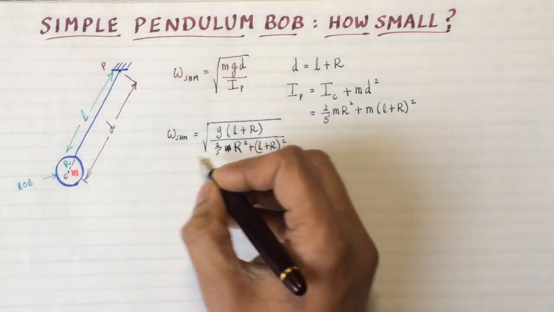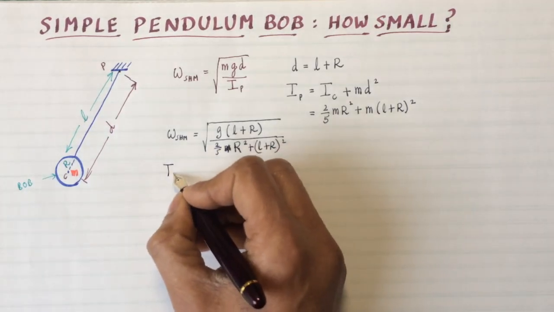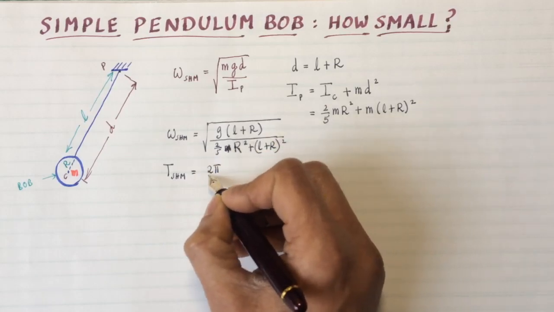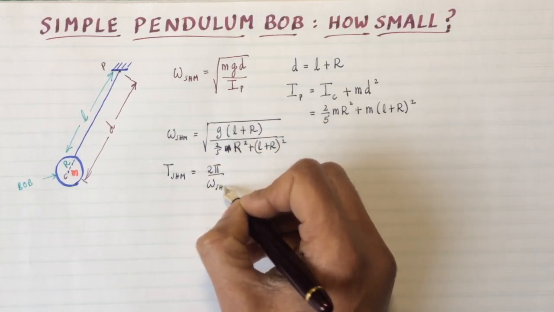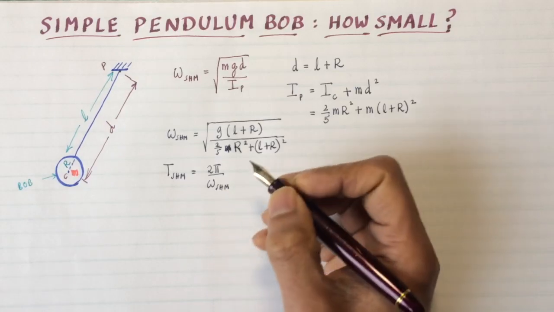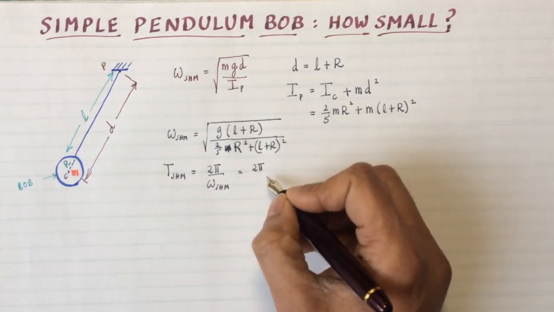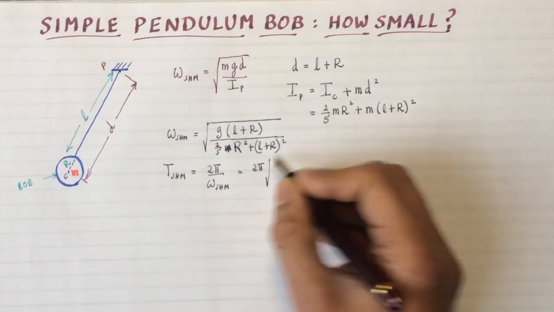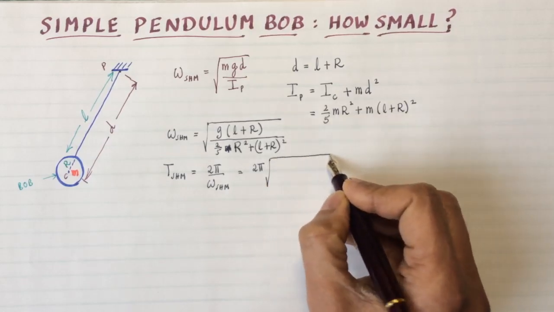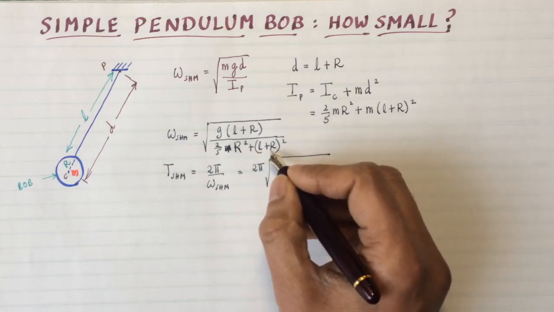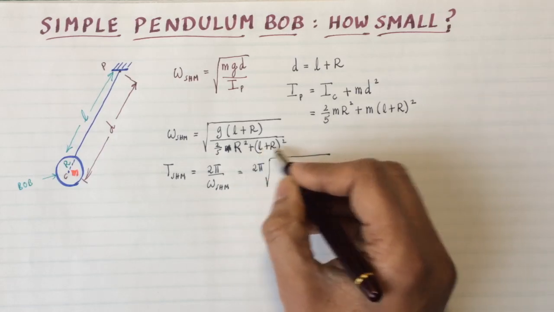Let's write the period of this pendulum, T simple harmonic. That's going to be 2 pi divided by omega simple harmonic by definition of what period means. So that's 2 pi square root. Here I have a complicated expression. I'll try to simplify it a little bit. Let me take the square of this term.